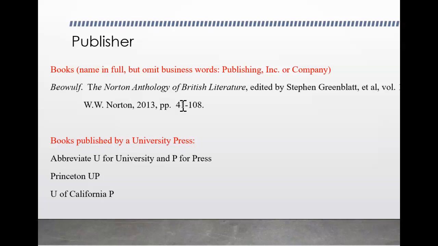Many of the large, especially research universities, have their own publishing wing that publishes scholarly books in particular. So that UP or U of something P is very common in that case. And again, both of these apply for books.